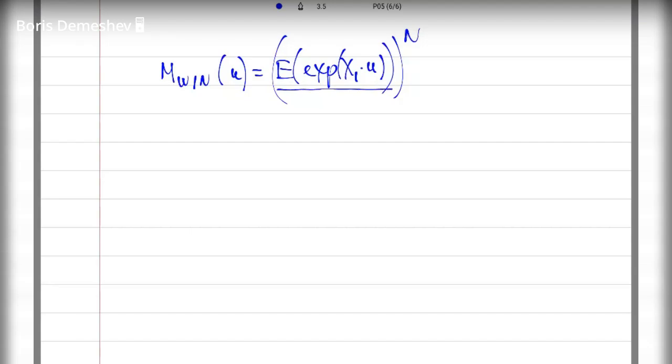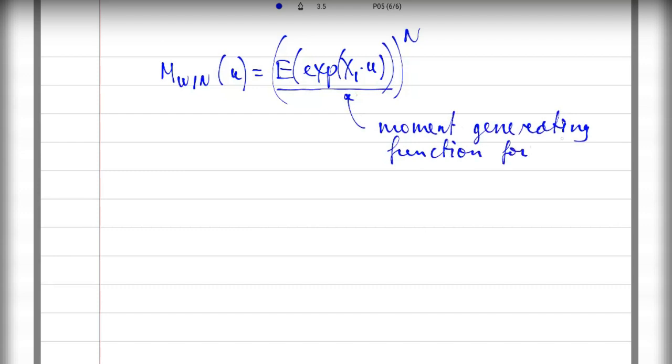Inside we have the moment generating function for x1. Okay, let's calculate the moment generating function for x1. That's the expected value of exponent of x1 times u.